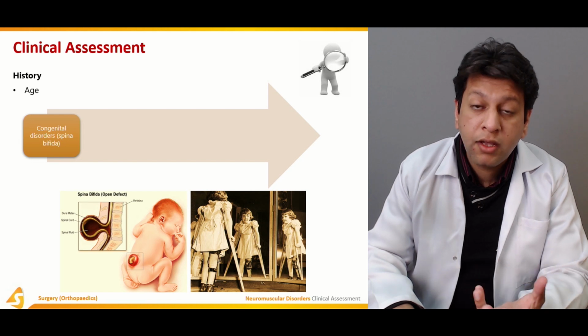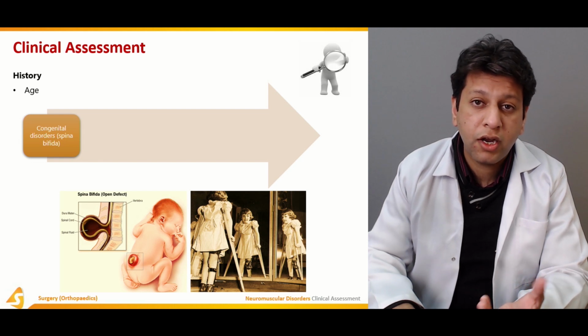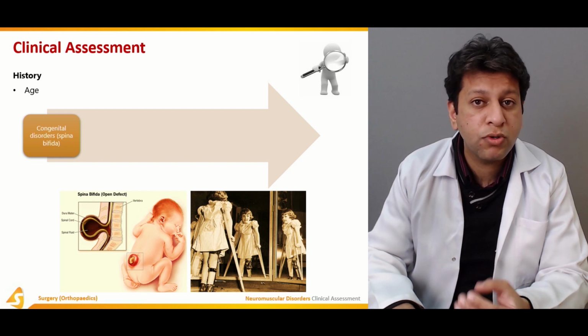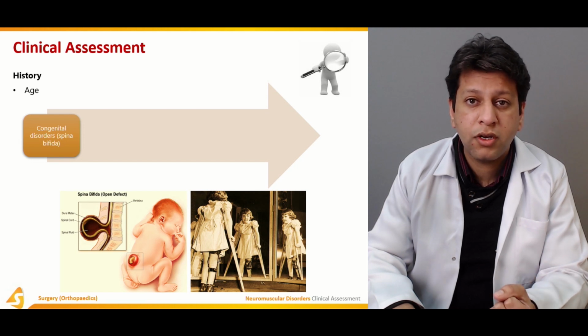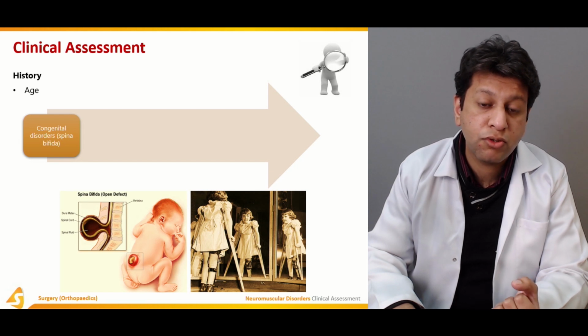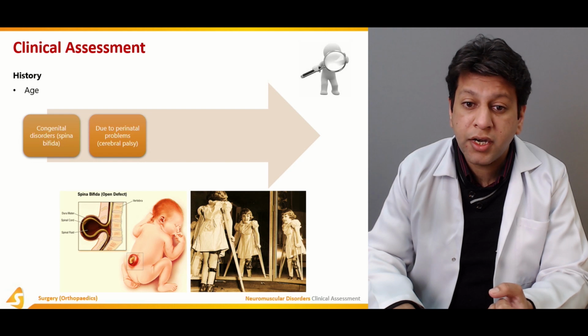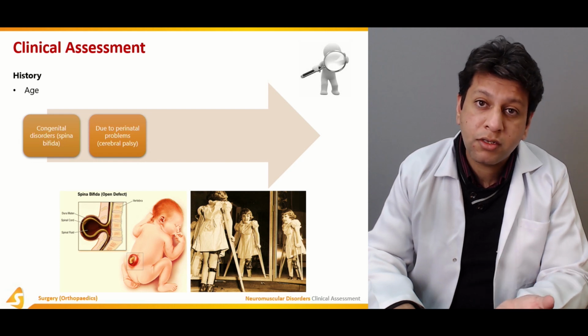So we should be keeping in mind, for example, congenital disorders. As I just told you, if parents bring a child who is a few days or few months old with a mass behind the back, then probably the first thing we should be thinking of is spina bifida. Then there could be perinatal problems, for example, cerebral palsy.